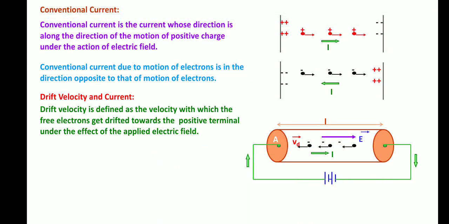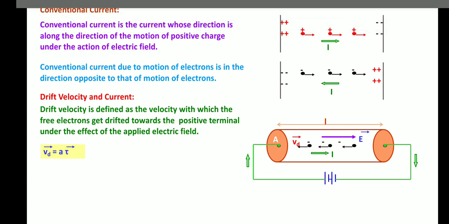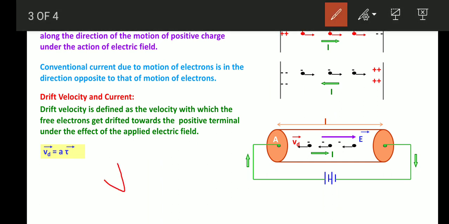So what is drift velocity? It is defined as the velocity at which free electrons get drifted towards the positive terminal when an electric field is applied. Then we will obtain the relation. The drift velocity is directly proportional to acceleration. Acceleration is the rate of change of velocity, how fast the electron is moving. Mathematically, Vd, the drift velocity, is directly proportional to acceleration, and it is a vector quantity because it has a direction.